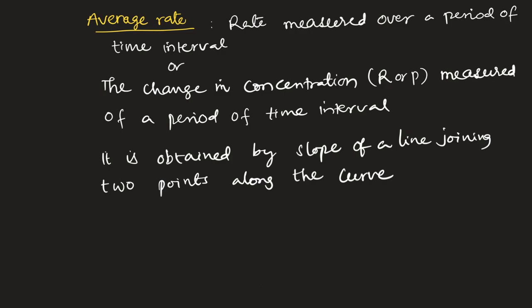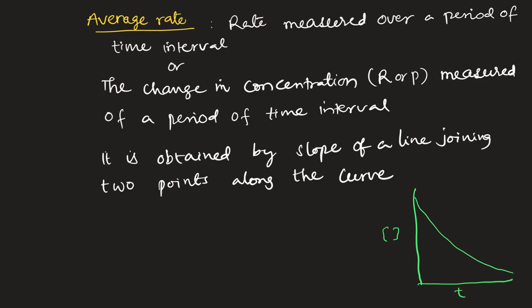For our better understanding purpose, a graph is drawn like this. This is concentration, square bracket indicating concentration, and this is time. Now, this is a graph with respect to reactant concentration, which decreases with time like this.